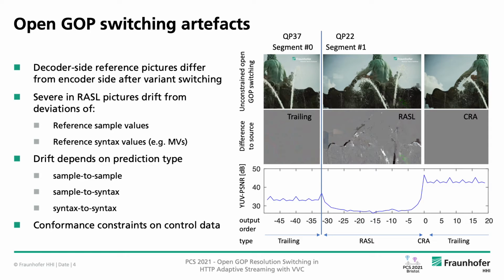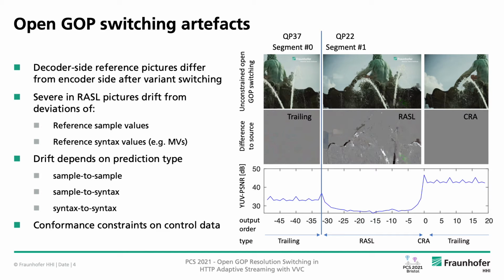Now in VVC, you have a whole zoo of different coding tools, and each of them uses the reference pictures in a different way. You have the more traditional type of prediction from sample to sample, block-based, motion compensated copying of sample values from the reference pictures. And these tend to not create very noticeable drift, but there are also more fancy tools that create or predict syntax from syntax or even syntax from sample values.